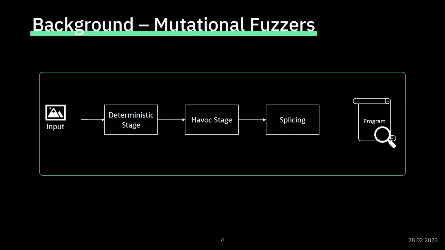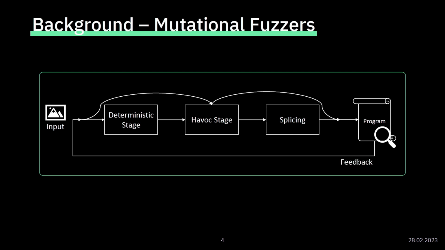Next, for some fuzzers, you also have a splicing stage, which, same as the biology operators, recombines two test cases to form a new test case. And because some of these stages are rather costly in terms of compute, you can also skip some of them at runtime.